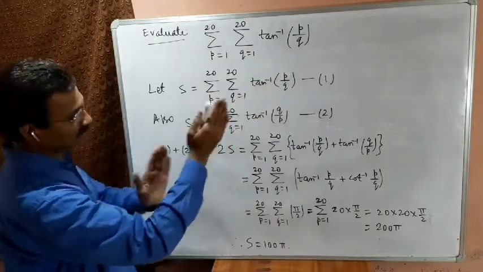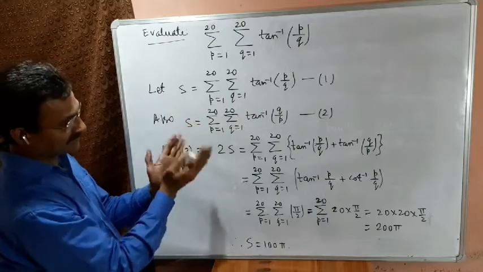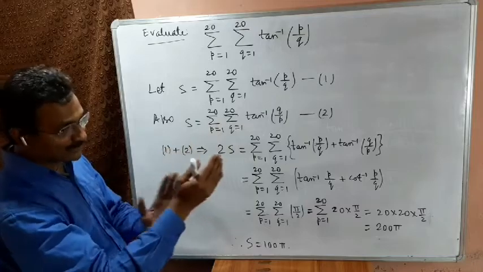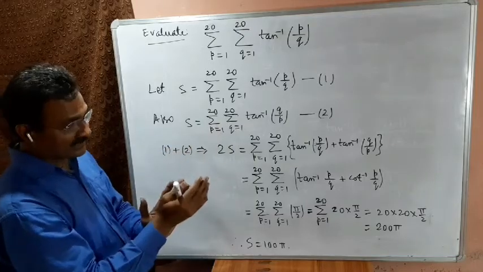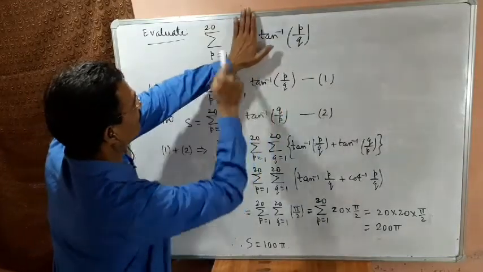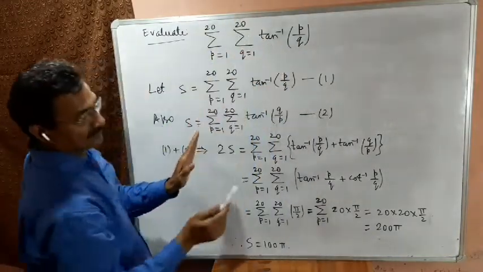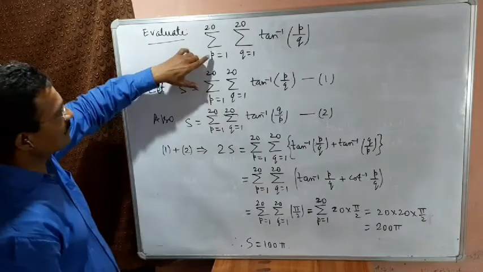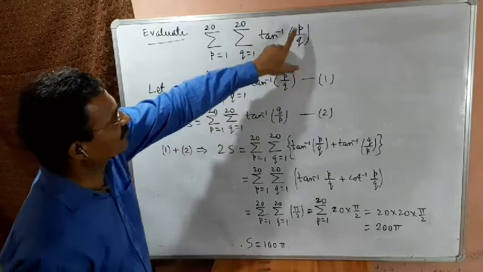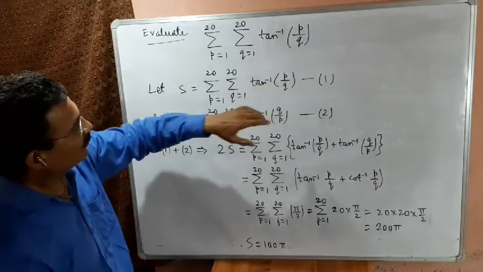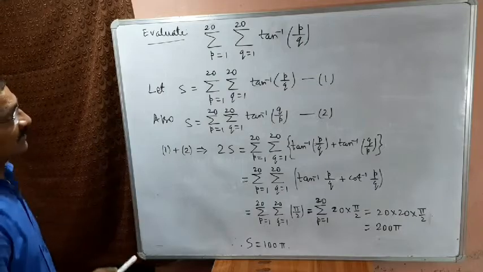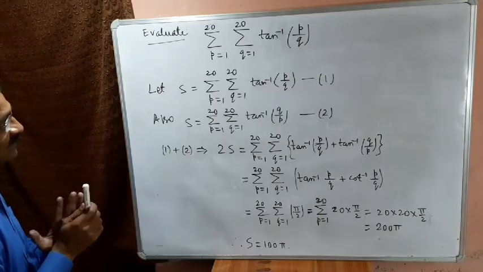We know the operation of summation is commutative: if double summation is operated over any expression, the order can be swapped. So here will be Q 1 to 20, here P 1 to 20, and tan inverse Q upon P.